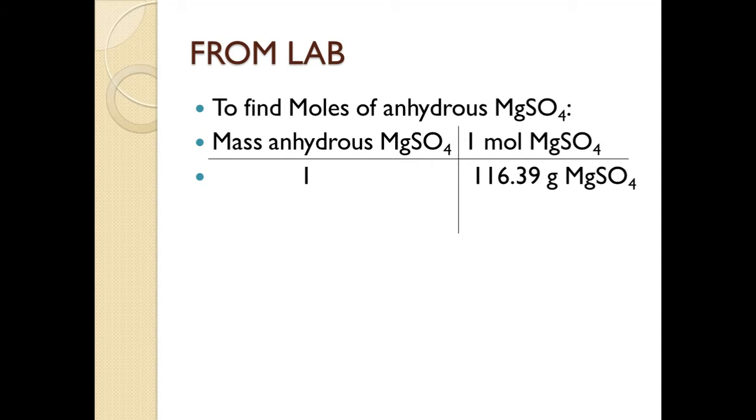The molar mass of water, like I said in the lab, is 18.01 grams. That way you can fill out moles of MgSO4 and moles of H2O in the data table, and you'll use those numbers to help answer the question on the next page, which is writing the formula for the hydrate.